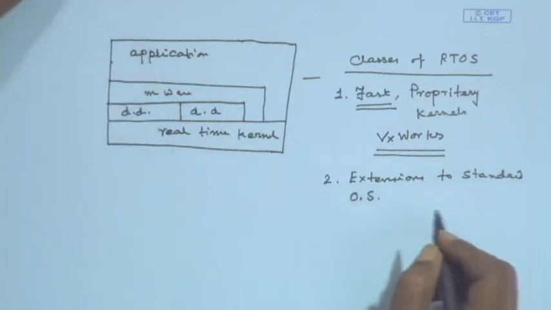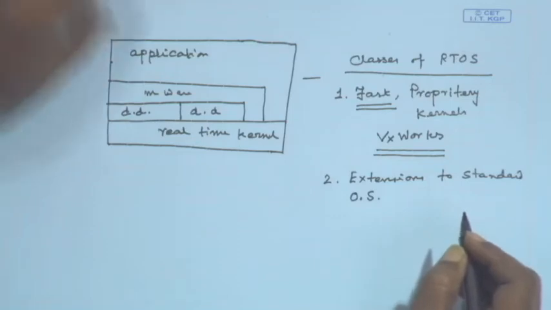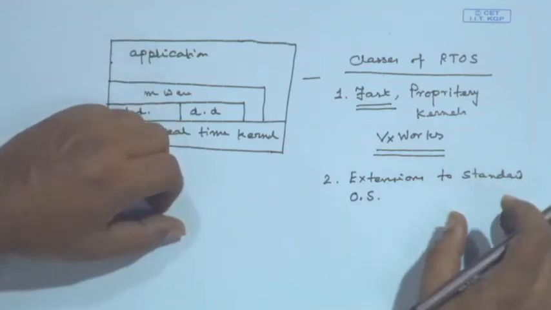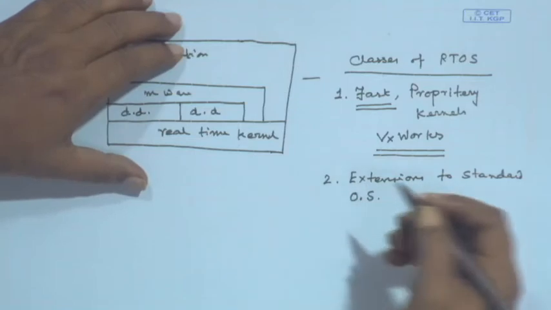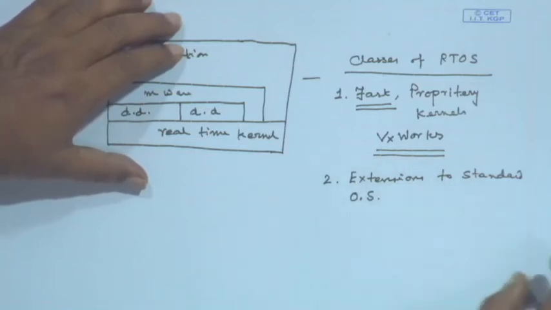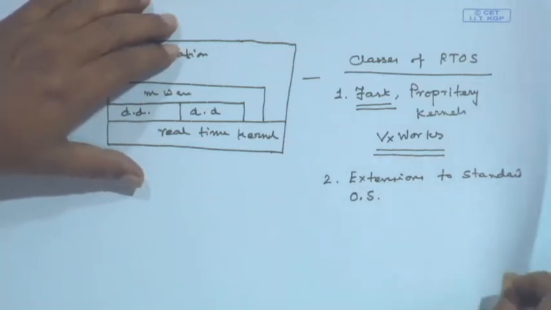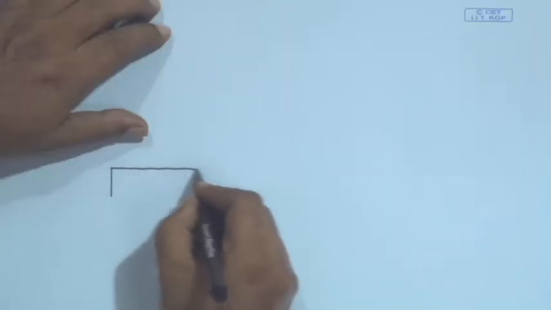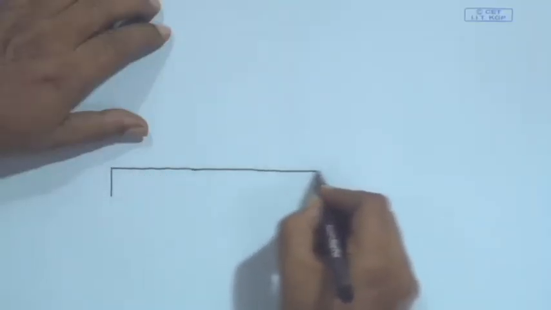We are extending the standard WES to generate RT. Now, I will draw a diagram which will illustrate some of the advantages of this. Say, I have got a real time kernel at the base.